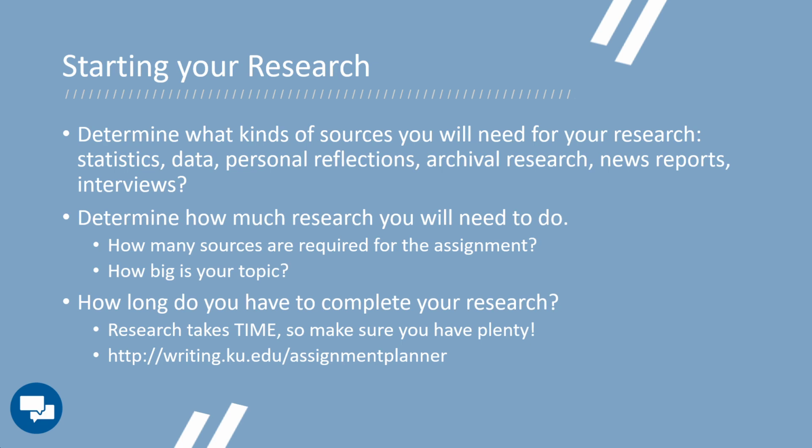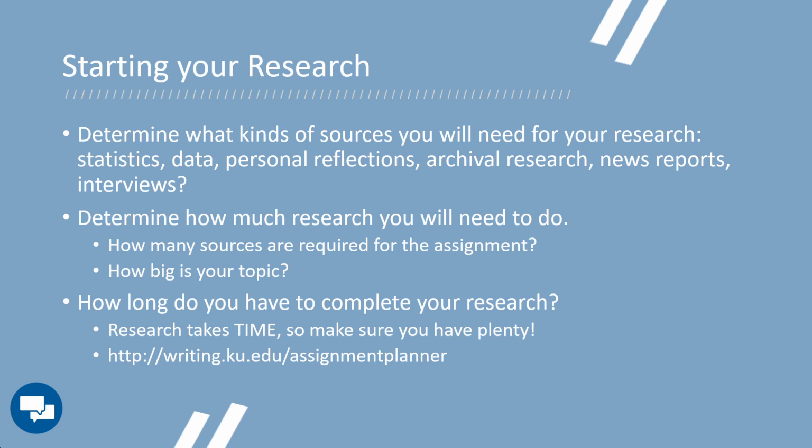One thing you might not know is that the KU Writing Center has an assignment planner on our website. This is a great little tool that will let you put in the start date of your project and the end date, and then it will provide a list of all the steps of the process and how long you should spend on them.